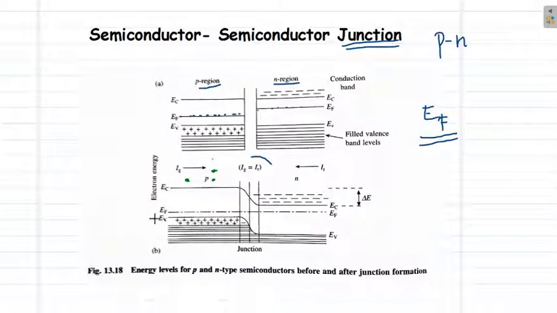In the classes on carrier concentration in semiconductors, we derived the equation for the number of electrons. In a p-type material, the number of electrons is proportional to exponential minus delta E by kT, where delta E is this energy gap.